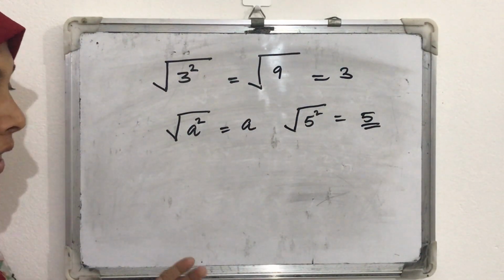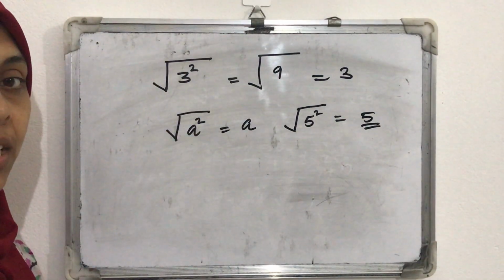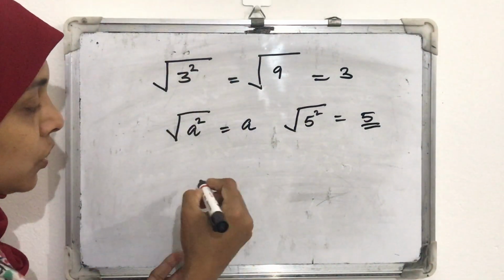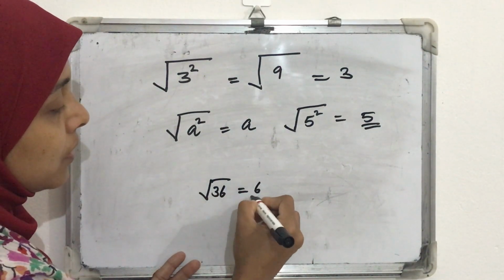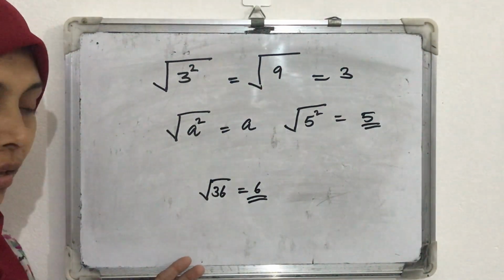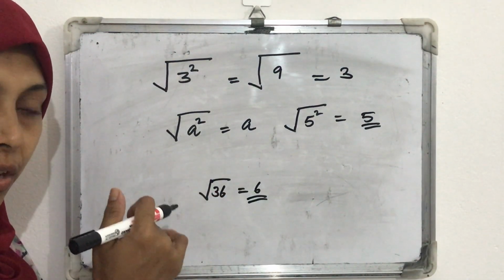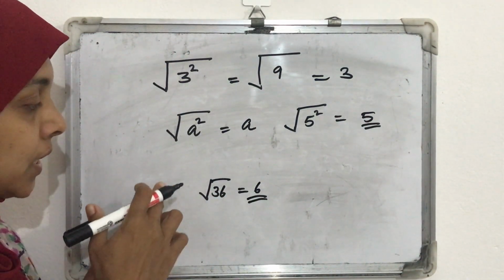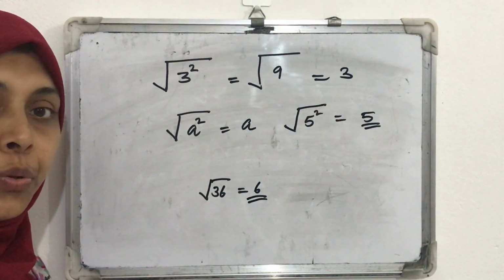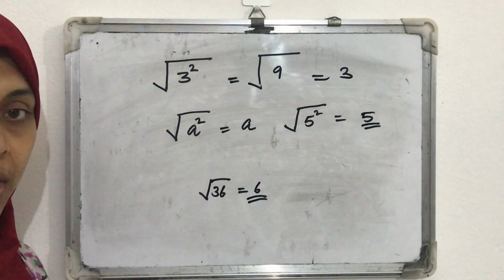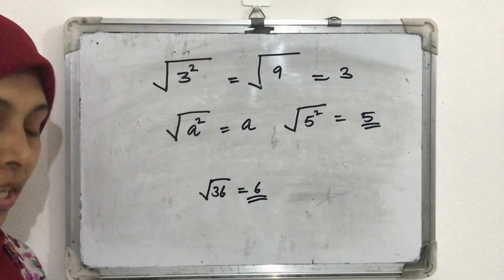After that, you want to count how many times you subtracted. Then at last you write, therefore the square root of 36 equals 6. Just before that, you can write we get 0 on the 6th subtraction, so the square root of 36 equals 6. That type of answer you want to write for the question.